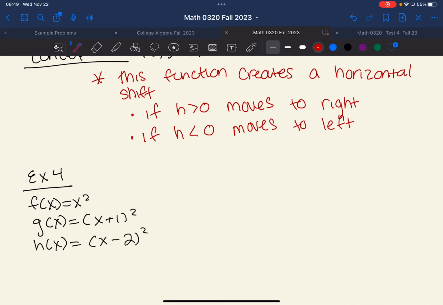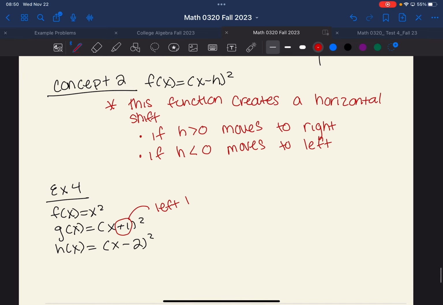So this plus 1 right here tells us that we are going to move to the left 1. So think of the signs as a little opposite, because remember in our formula, h is already assumed to be negative. So in order to make that positive 1, h would have to be negative, which means less than 0 to move left. So just think, if you see a positive number, it moves left.